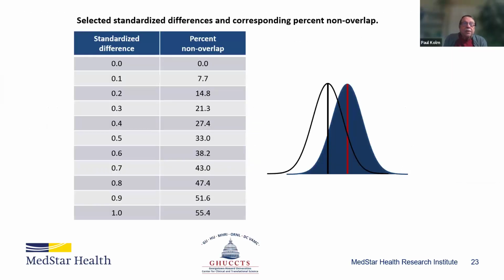And this is just a table of the standardized difference and the percent of non-overlap. You can see that as the standardized difference gets larger, the non-overlap between the distributions gets larger and larger.